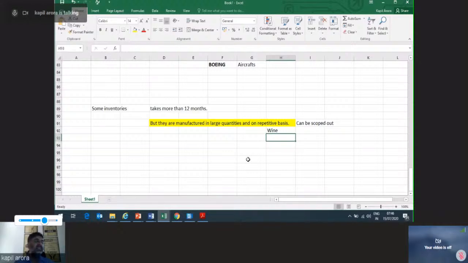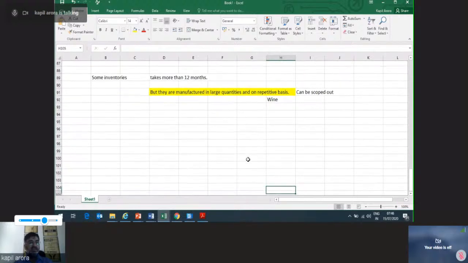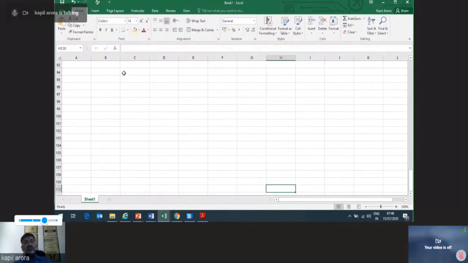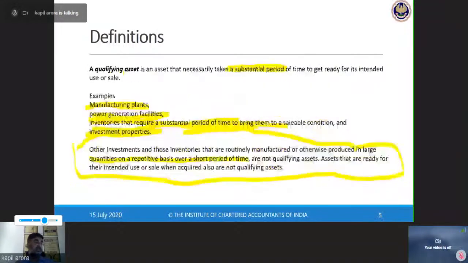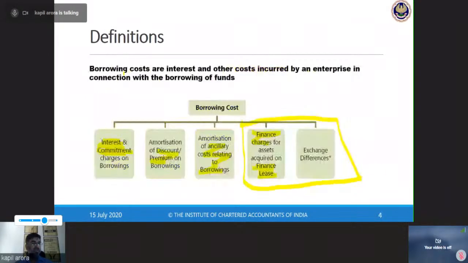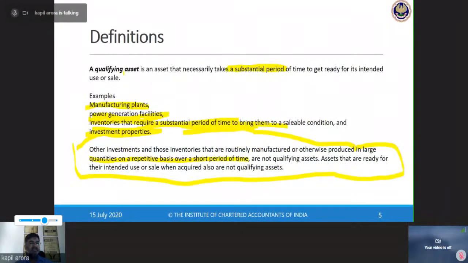I hope the borrowing cost and qualifying asset definitions are clear to all, because these two definitions are very, very important for everyone to know. So what is borrowing cost? What is qualifying asset?